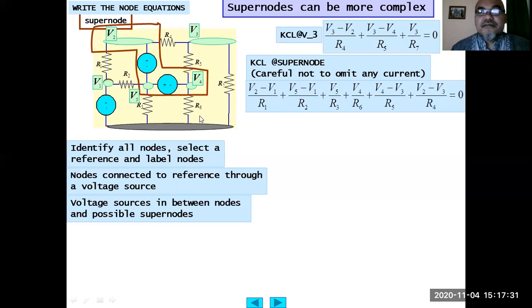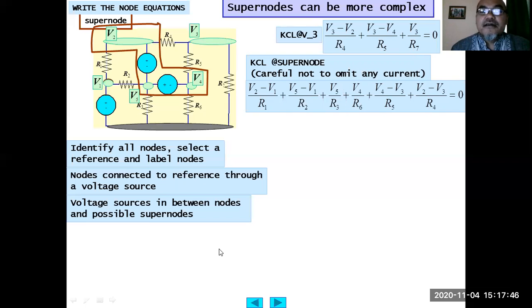KCL at the supernode, here there's a cautionary statement to be careful not to omit any current. So (V2 minus V1) divided by R1, so this current.